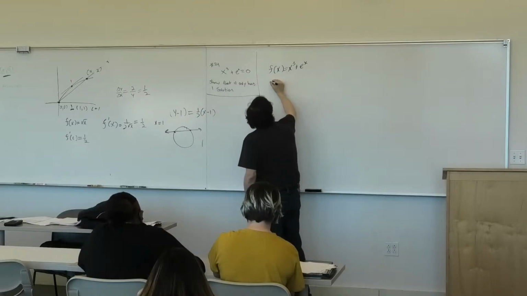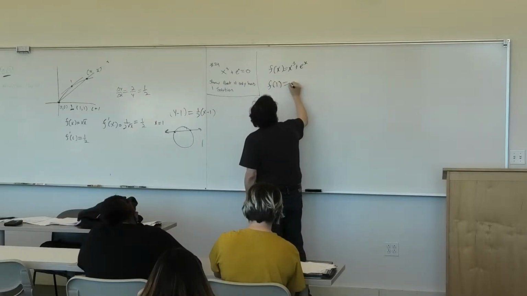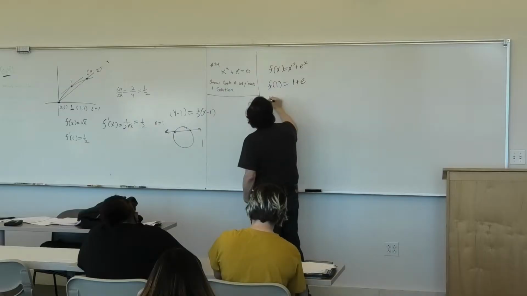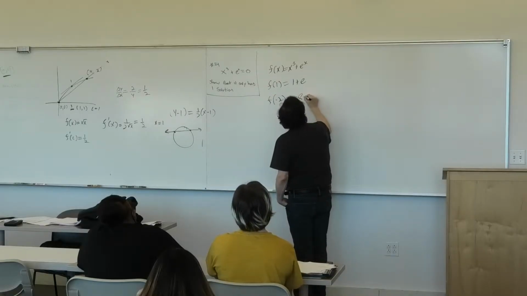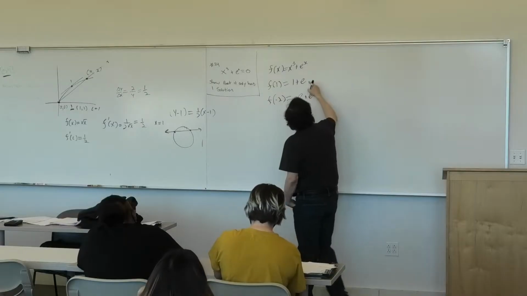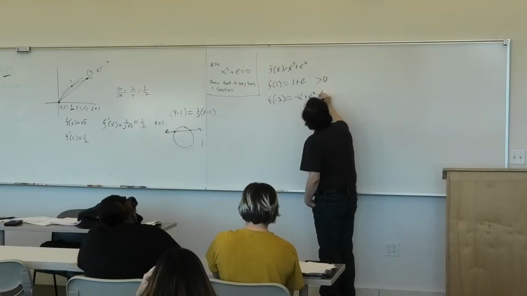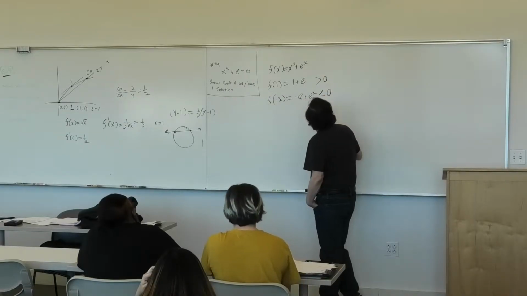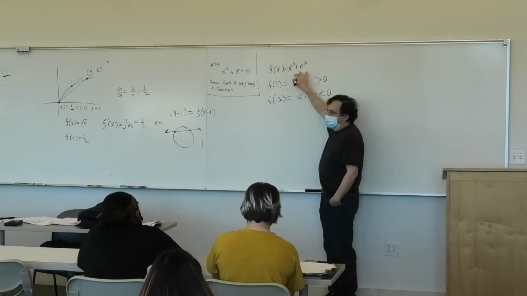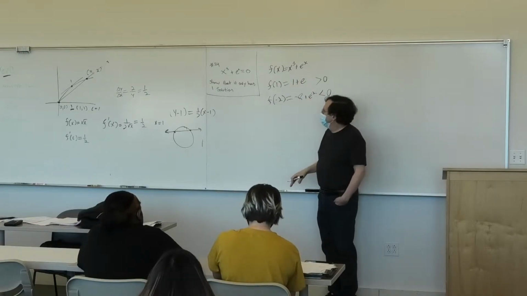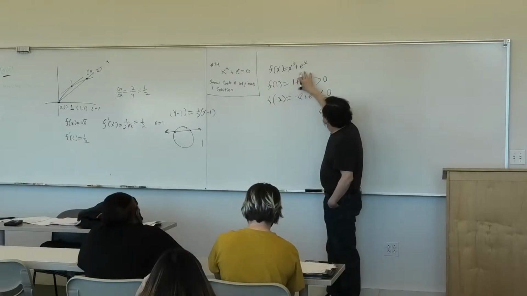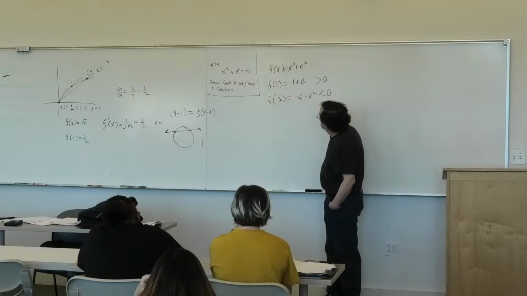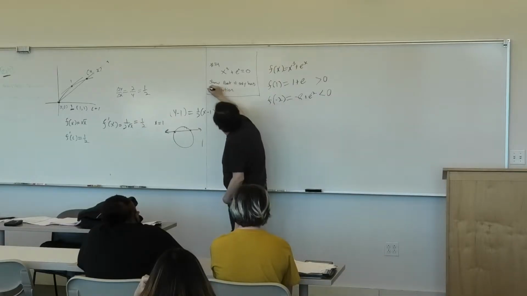Then f of 1 is 1 plus e, and pick something like f of negative 2, that's negative 8 plus e to the minus 2. So this is clearly greater than 0, and this is less than 0. The intermediate value theorem tells us it has to go through 0 to get from positive to negative, because this is a continuous function. Okay, so it has one.